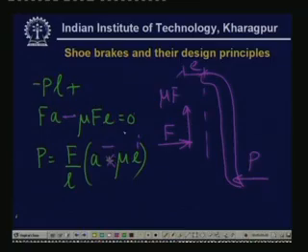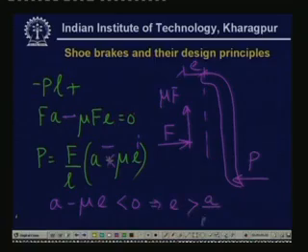Now what is expected is that if A minus mu E is less than 0, that is if E is greater than A by mu, then P becomes negative. F cannot be negative because F is the normal force, and that must act on this lever. So if E is greater than A by mu, then P is always negative.